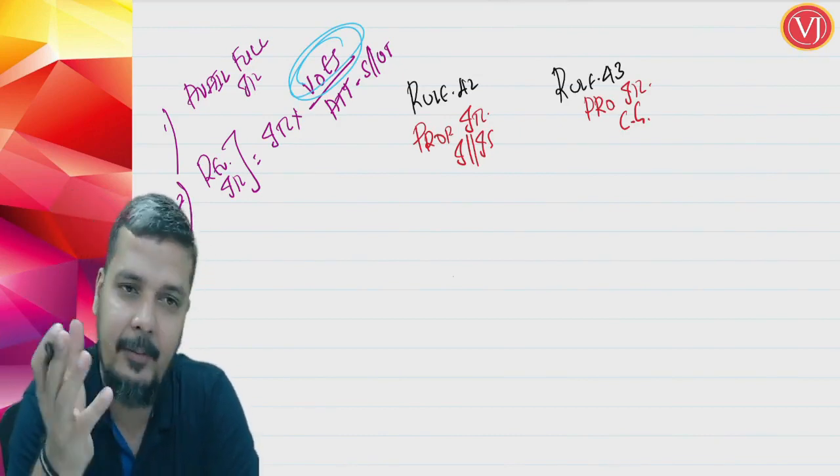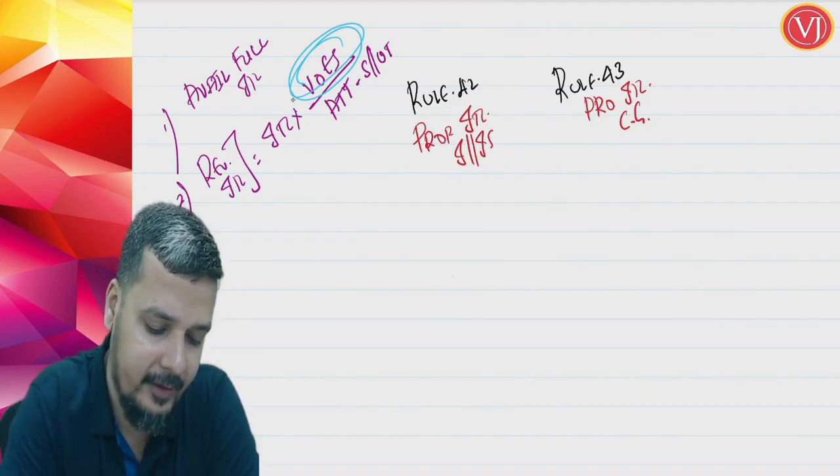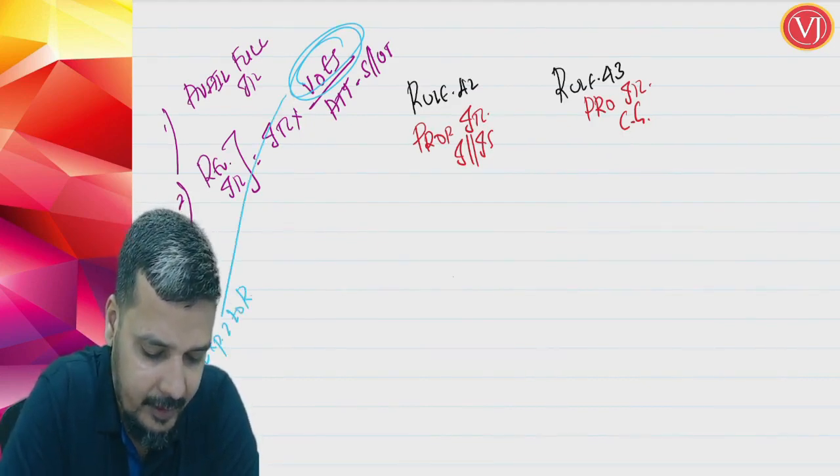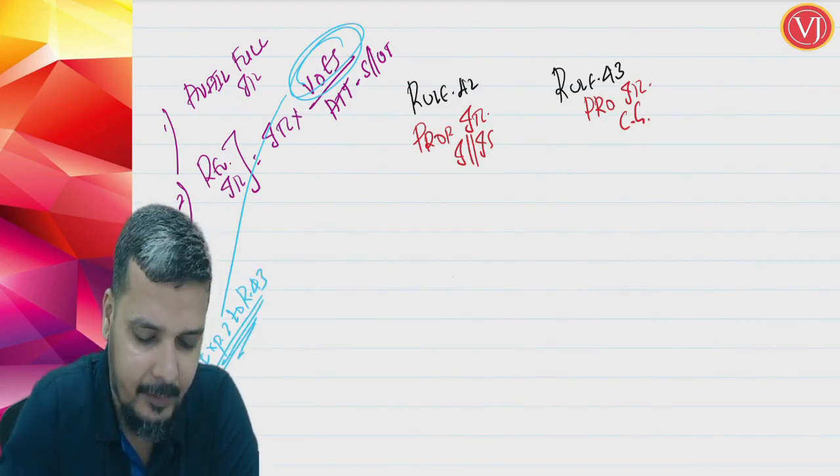Now what they have said, Explanation 2 to Rule 43, defines this value of exempt supplies.